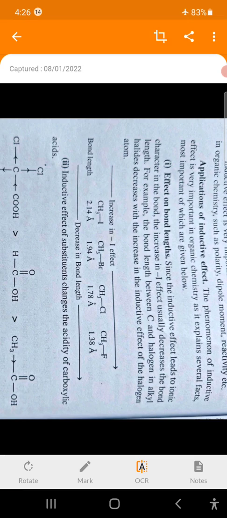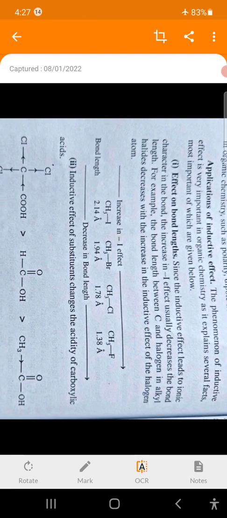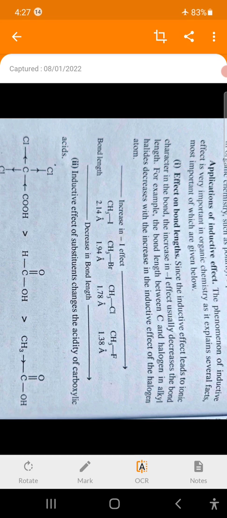Then, applications of the inductive effect, that is, its consequences because of the inductive effect. The first application is the effect on bond length.